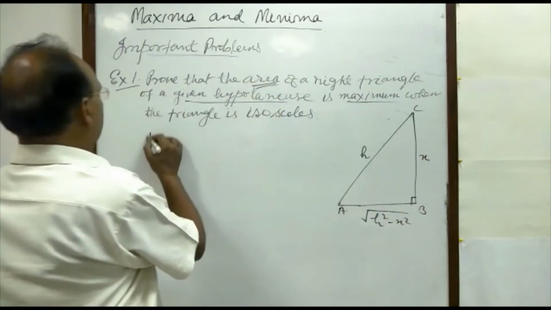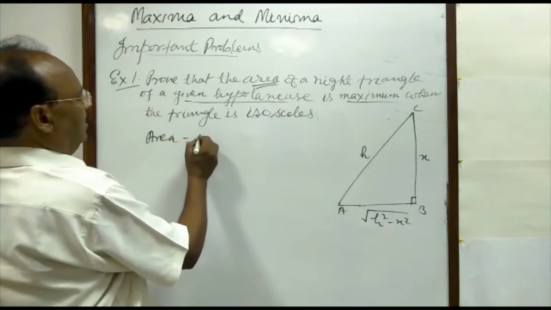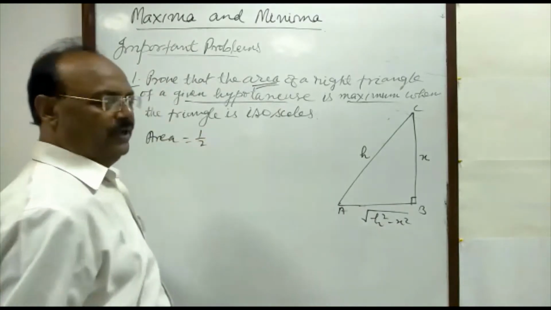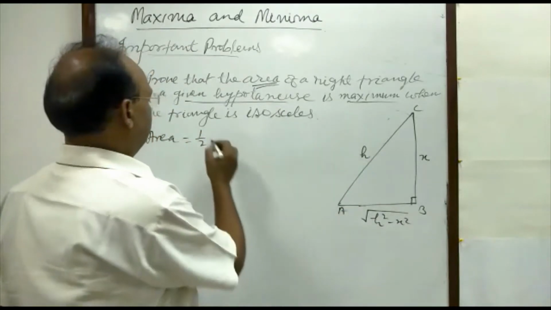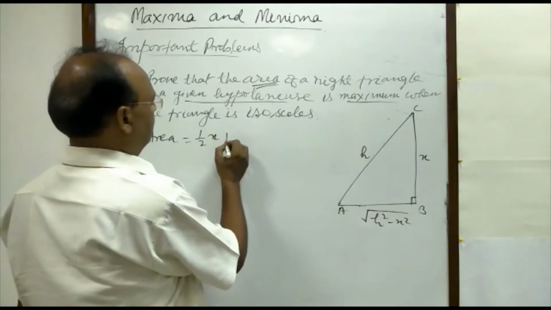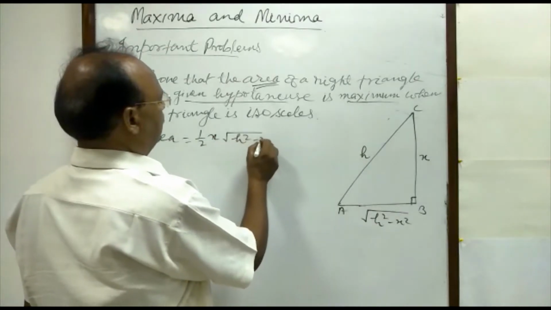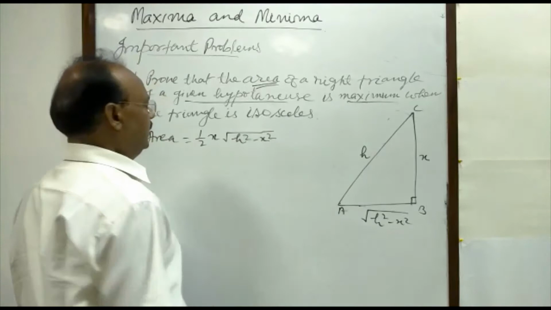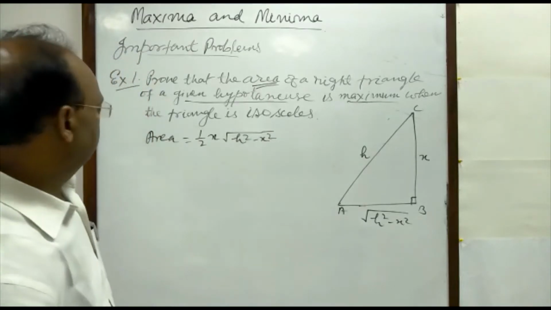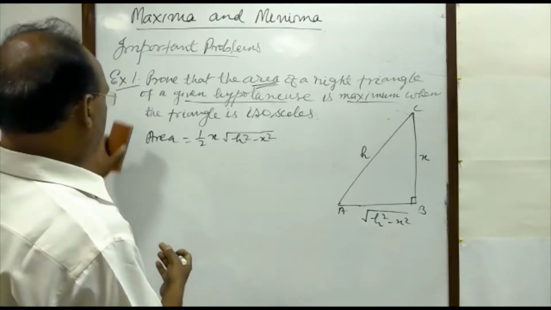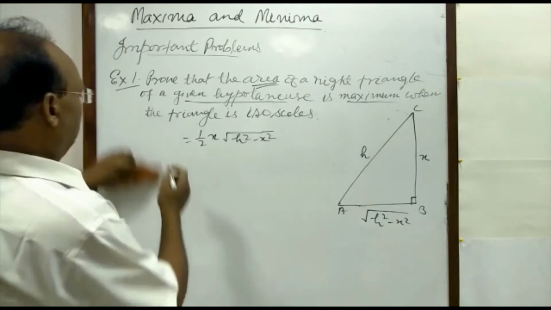So the area of this triangle is half into base into height. So we can write half x root over h square minus x square. Let us denote it with A, area.